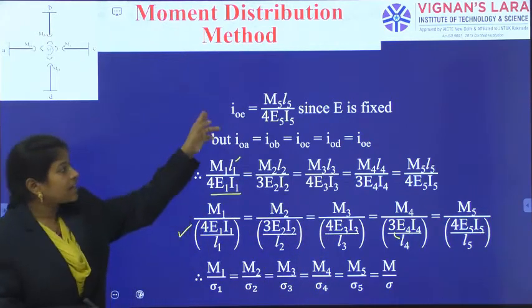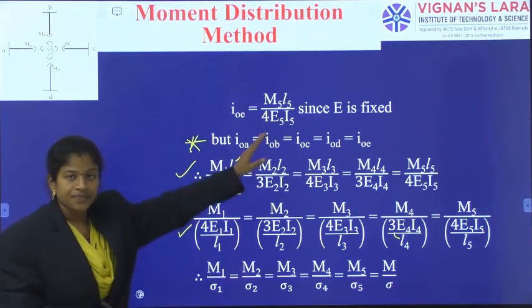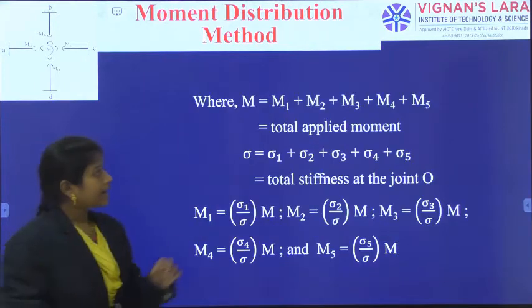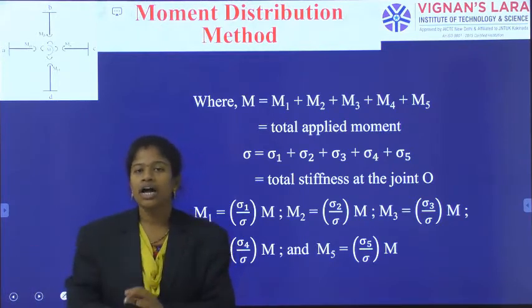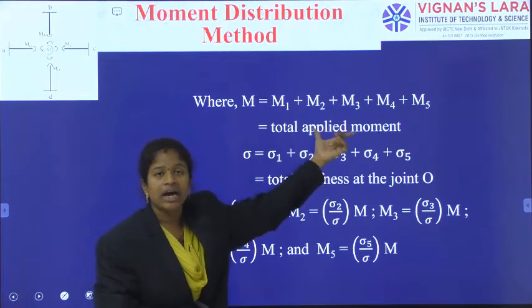Now equating the slopes, I have got the ratio between moment and stiffness, but I have equated slopes only. And we can say when I am applying the total moment, it will be distributed to all the parts. So capital M is equal to M1 plus M2 plus M3, which is nothing but the total applied moment.